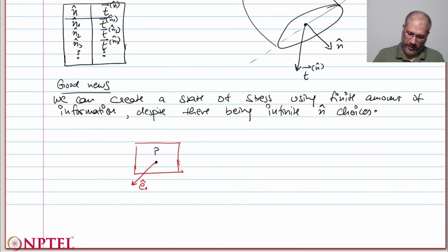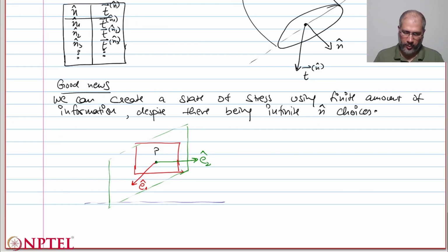Then we can have a plane which has a unit normal in the E2 hat direction. So that's this green plane. And then we can have a plane which has a unit normal in the E3 hat direction, which we'll draw in blue color like this.